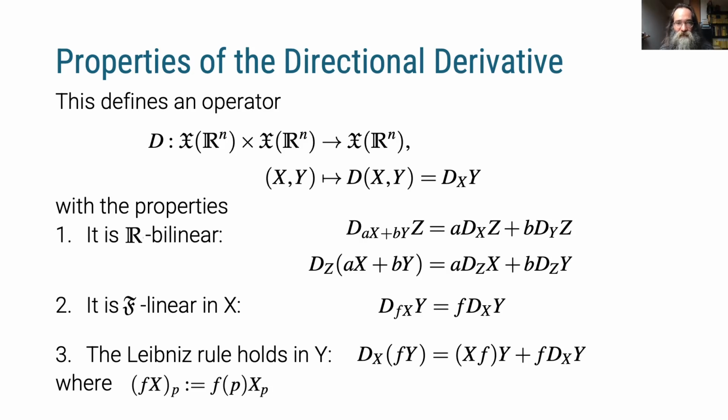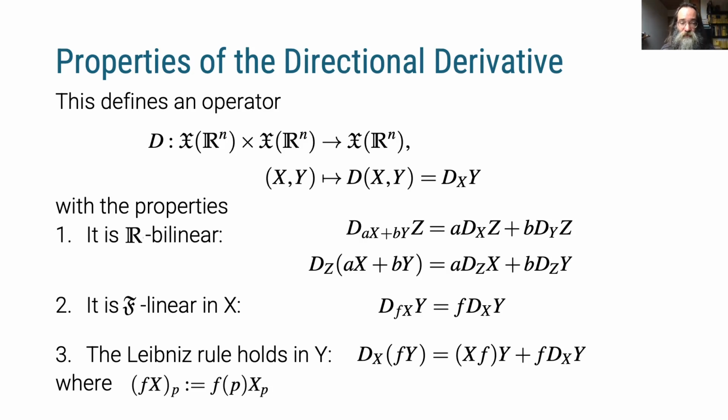The first one is that it's actually bilinear. So in each argument, again, you can split linear combinations of whole vector fields now, and get the same results. But in the first argument, it actually has more structure. It is even f linear, meaning you can multiply the vector field by a whole function, where the multiplication of a function and the vector field is of course defined pointwise, and you can pull out that whole function from the argument x.